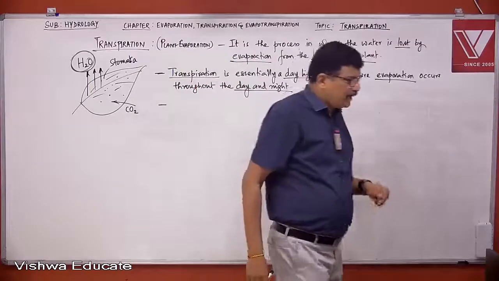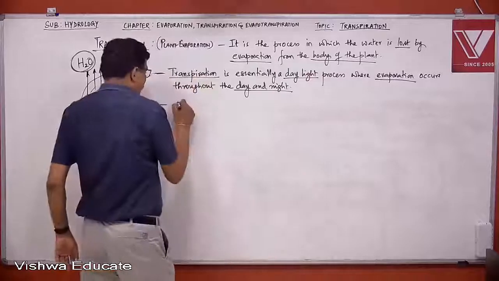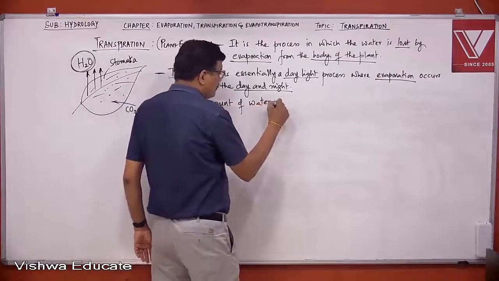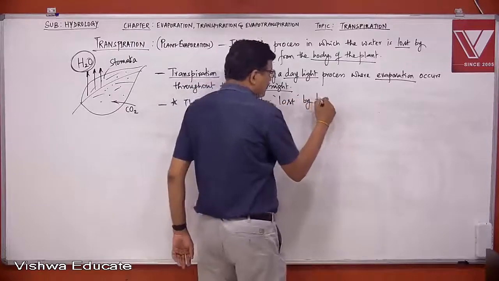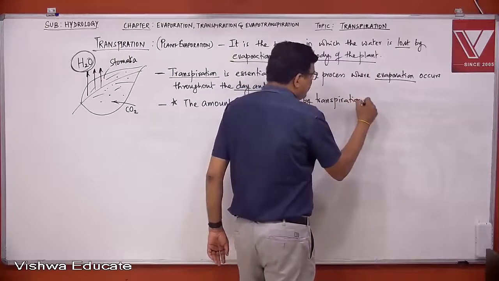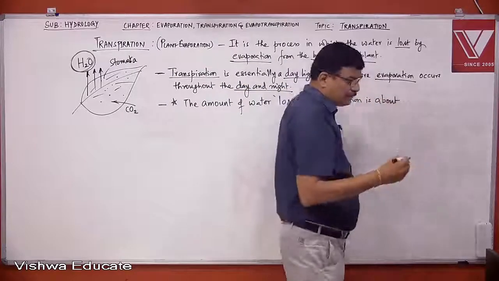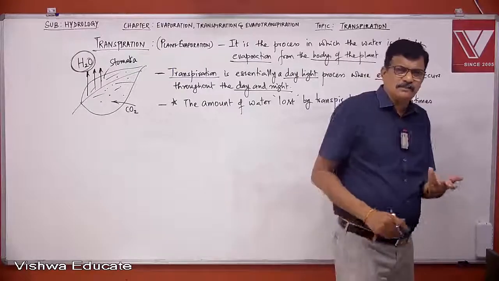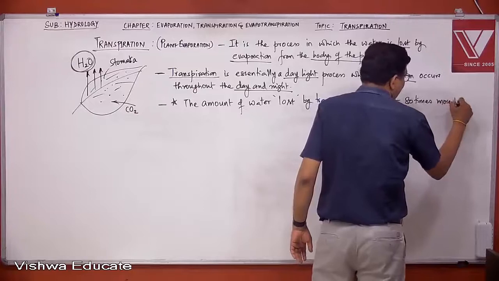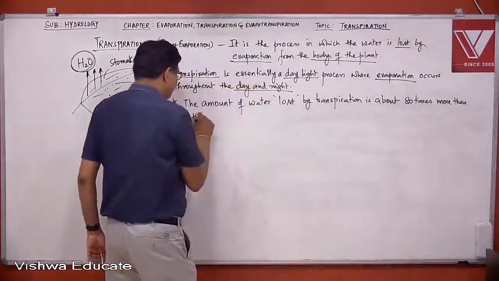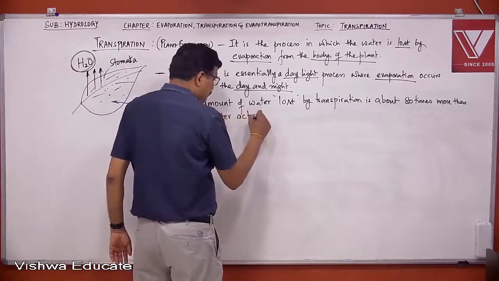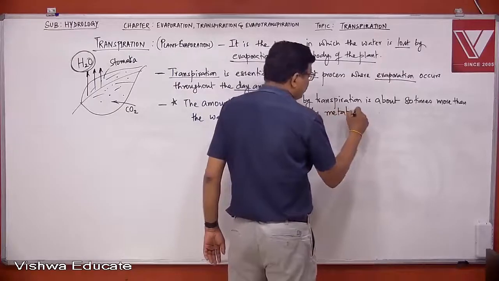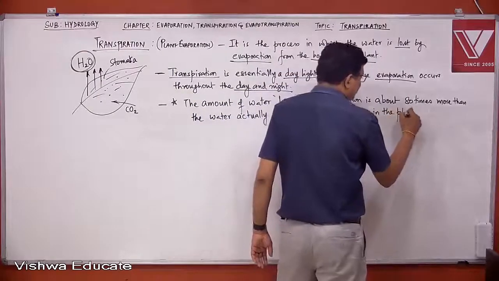To make it easier, I would say the amount of water lost by transpiration is about 80 times more than the water actually utilized for metabolism by the plants.